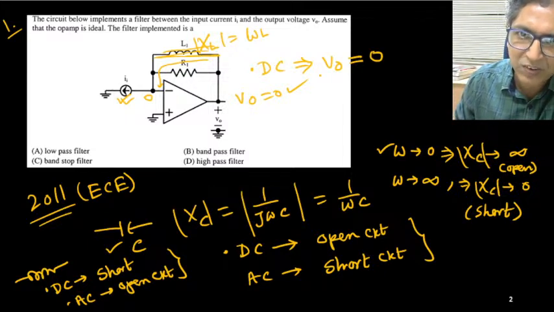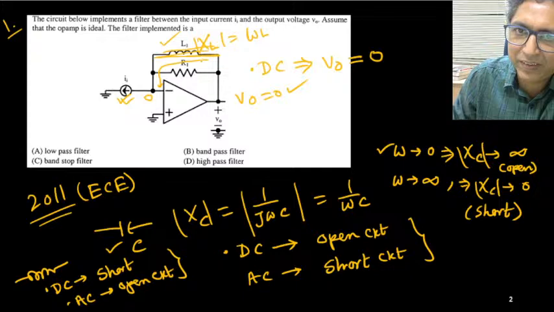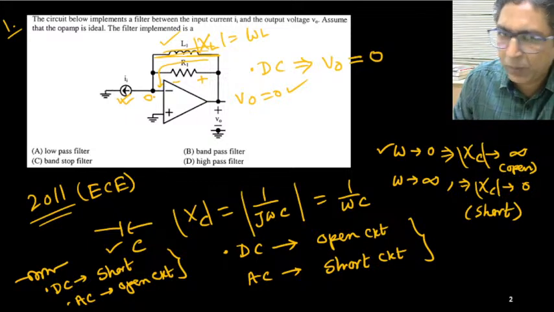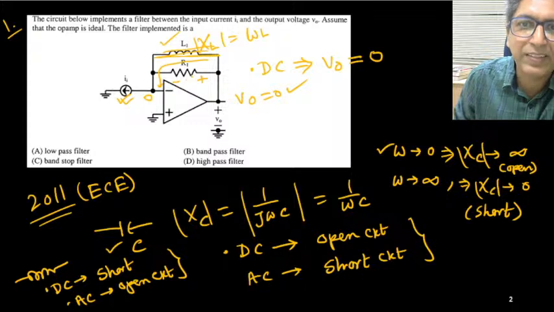But for high frequency, this inductor is open circuit. So one potential will develop across this one. This is plus, this is minus, because current is flowing this side. So you will be getting one potential drop, and that potential will be Ii times Ri. So for AC, what is happening?